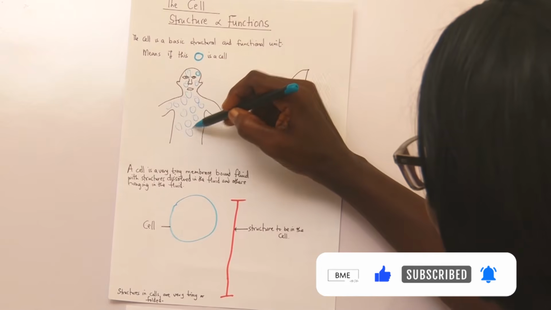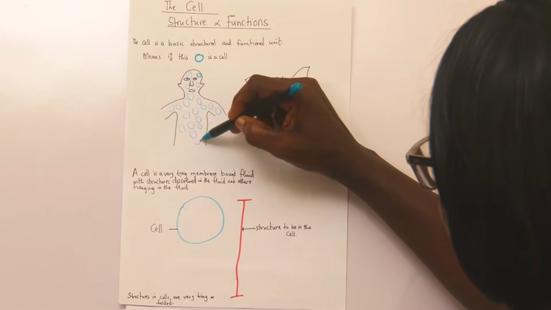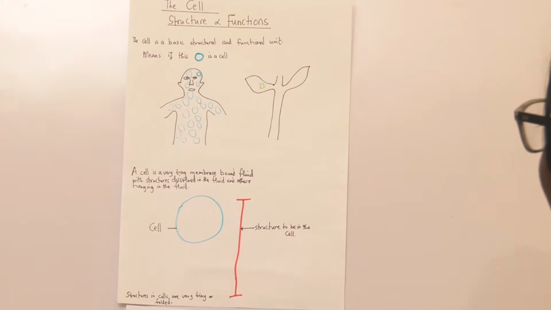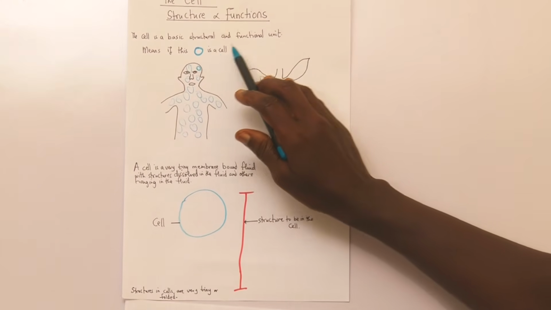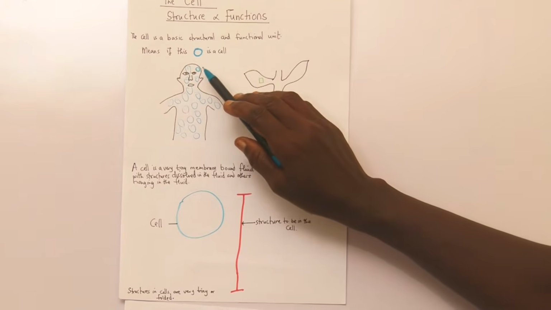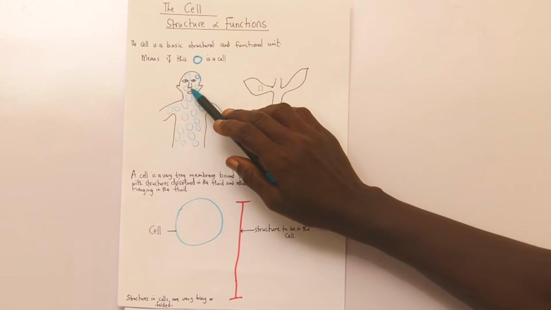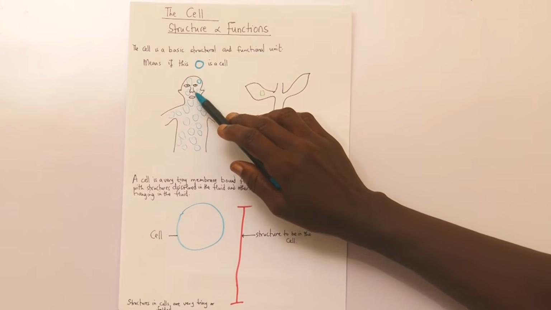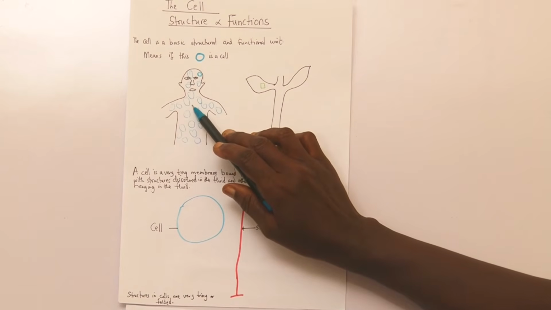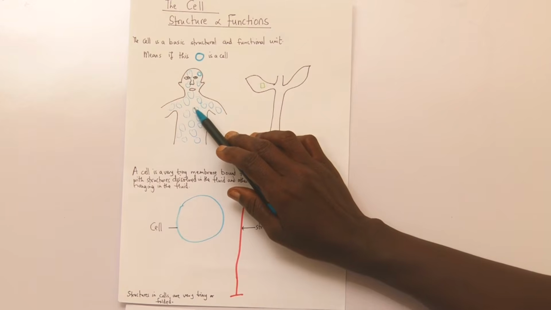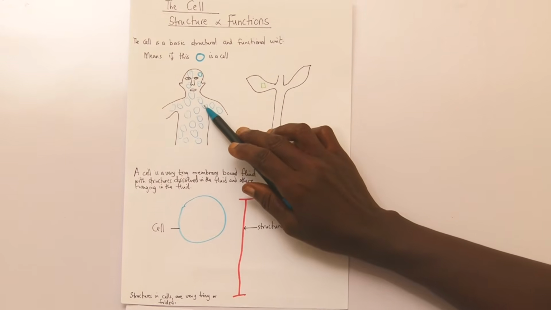So every part of it is a cell. And it's not only the basic structural unit, it's the functional unit. So in this cell, every function that is happening in this organism, man, happens in the cell. So it's the basic structural and functional unit.